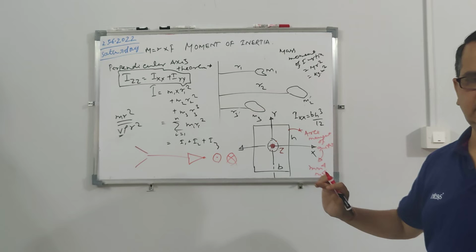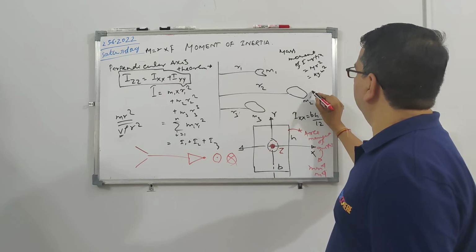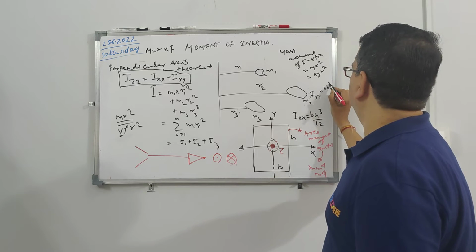Just remember, for a rectangular section, about the y-axis, Iyy is equal to hb cubed by 12.